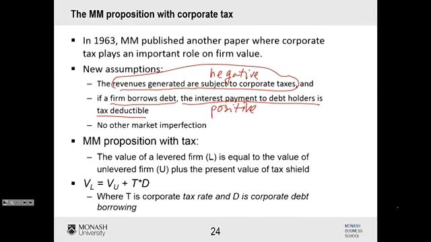So as long as you charge the tax, the firm value could increase. At least you've got the value of the unlevered firm, and then the extra value you can get is equal to the tax rate times how much corporate borrowing you're going to borrow. It's very simple, very straightforward.